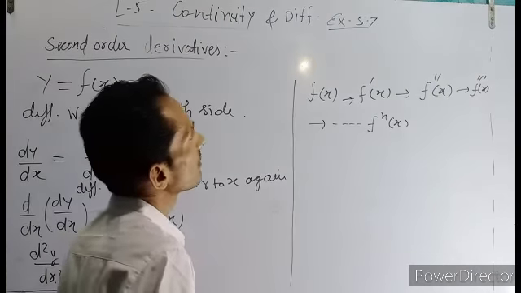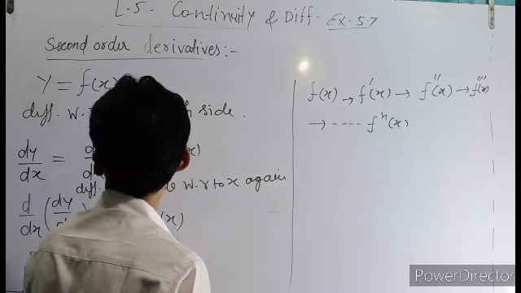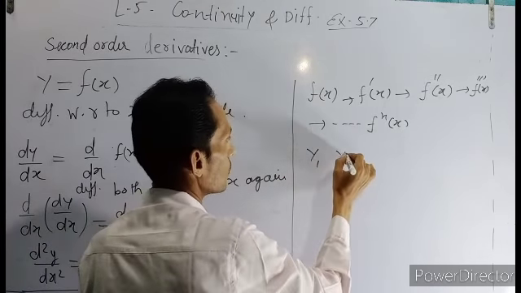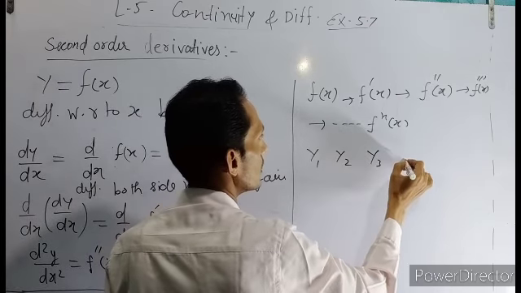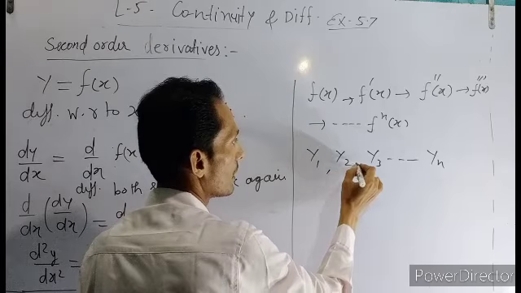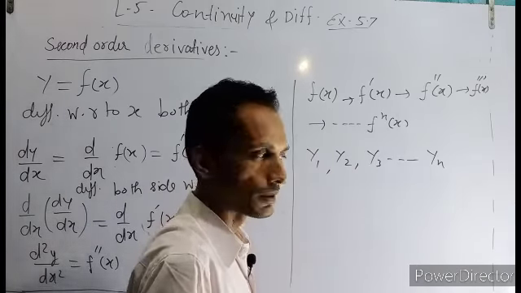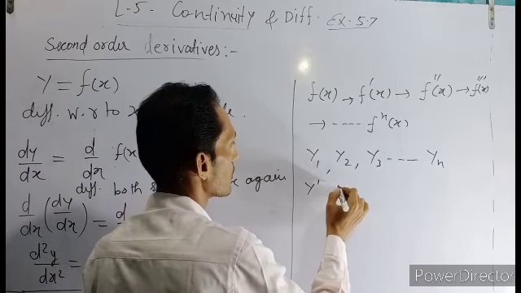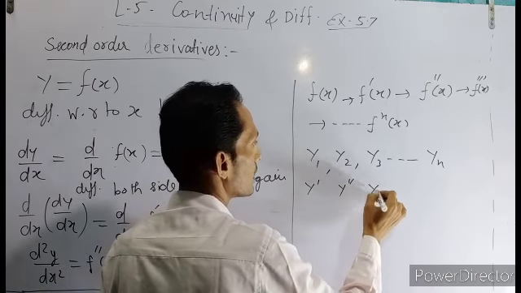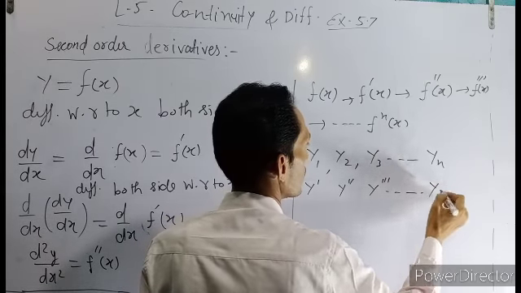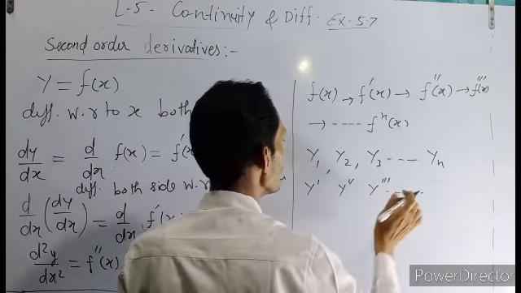Many kinds of symbols can be used: y1, y2, y3 and so on up to yn, the nth order derivative. Otherwise you can say y dash, y double dash, y triple dash. This is also a derivative.